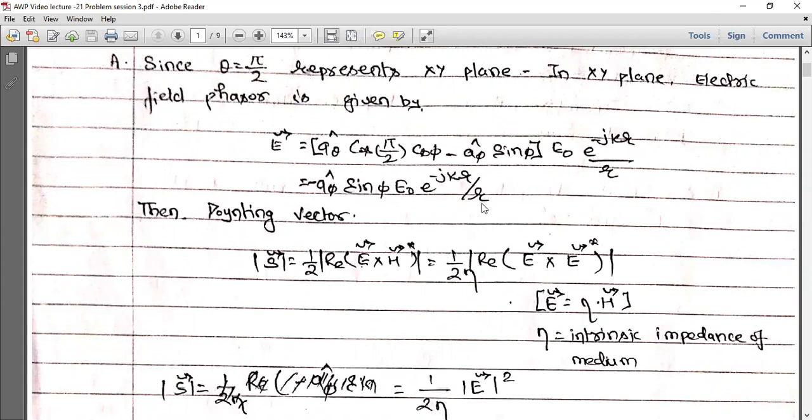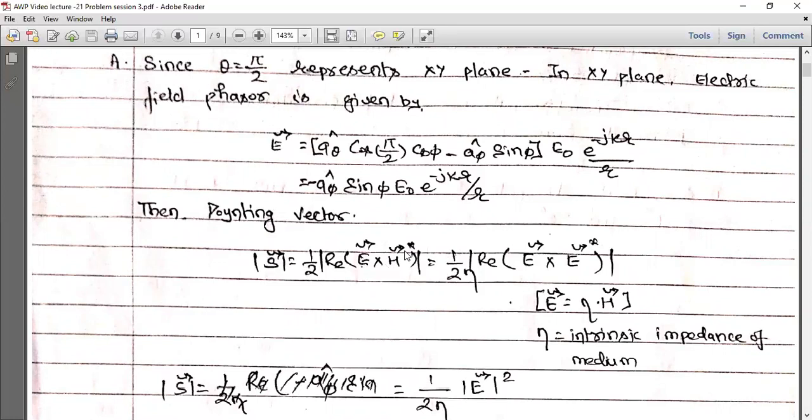Once we have electric field intensity, we have already used this term many times, that the time average power density or the Poynting vector in particularly harmonic case is given by magnitude of S phasor, or the time average power density is given by 1 by 2 real part of E cross H star. What is the meaning of H star? We had already been through this expression.